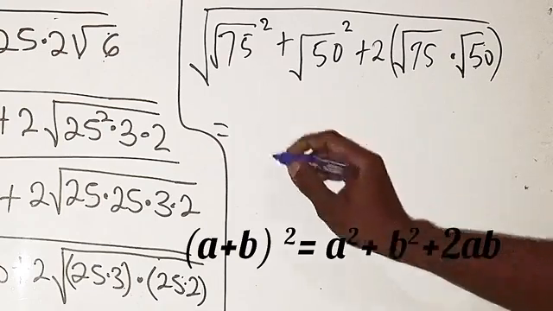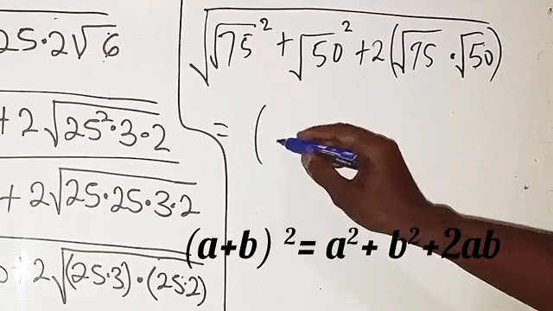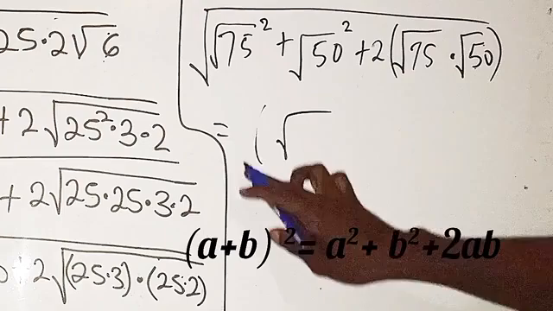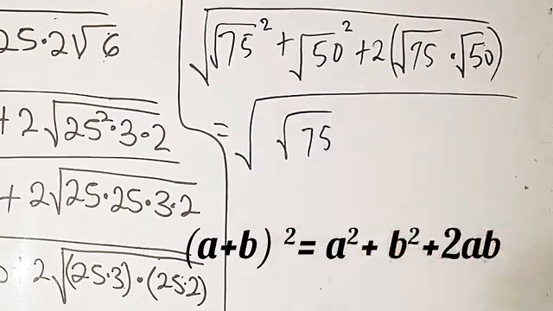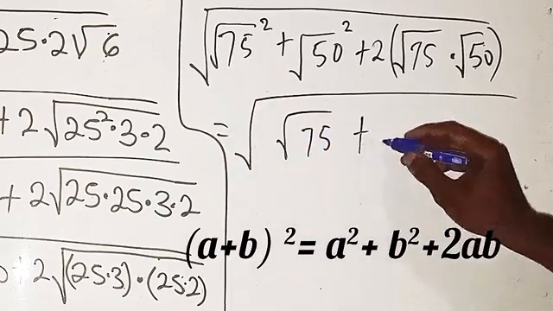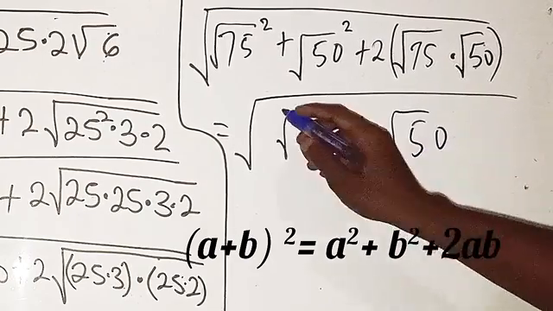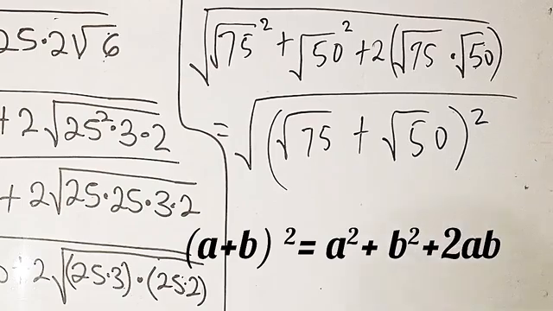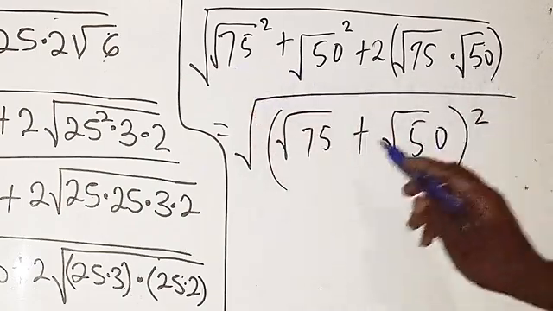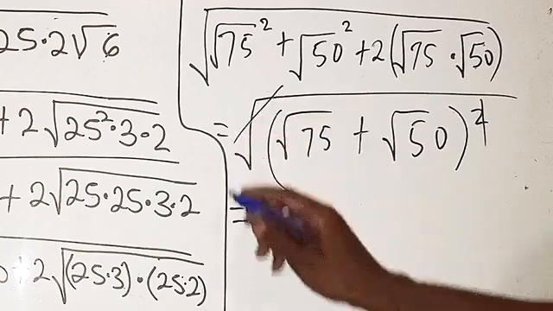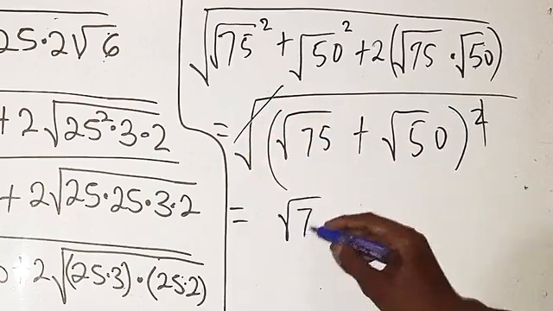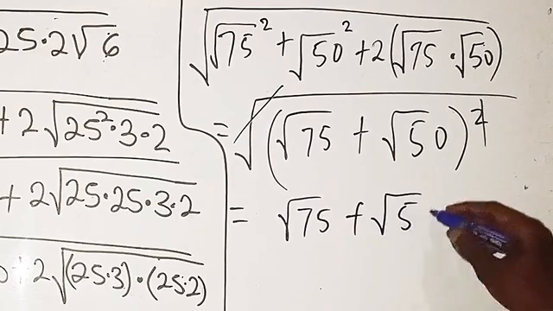Which means that we're going to have the giant root, root 75, which will be our a, then plus root 50 all squared, according to what we have here. So everything here now can be expressed like this. So now by doing so, you see that this square will cancel this giant square root. We're going to have root 75 plus root 50, right?